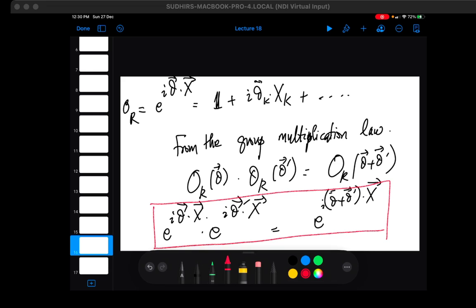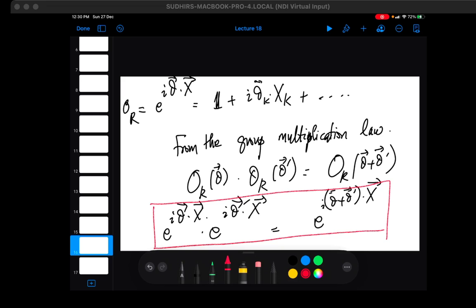And if you apply the group multiplication law, I have not shown the full thing because it will be done in some other class, but you can actually do it yourself.